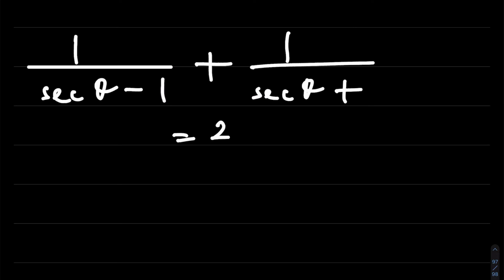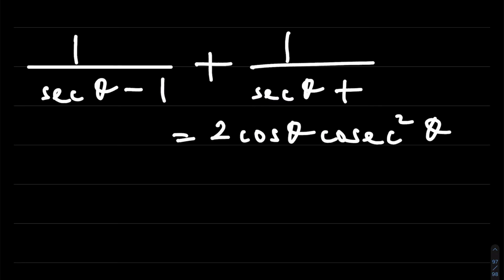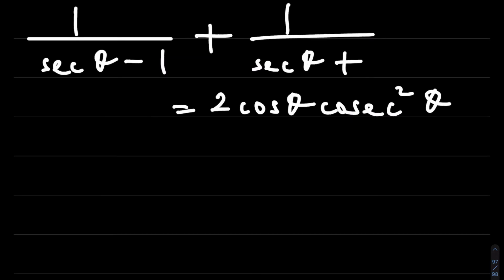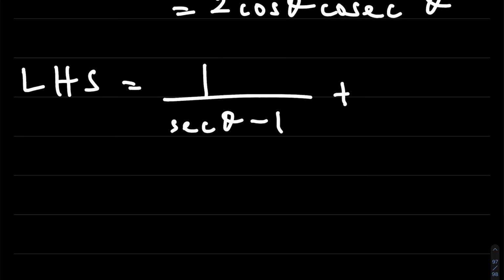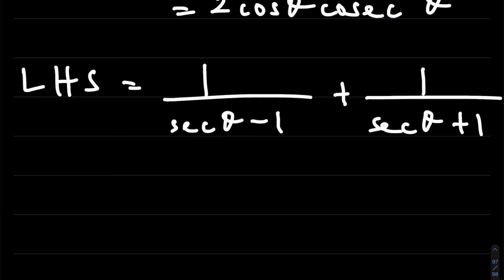I have to write that well. Now the left hand side is 1 all over sec theta minus 1 plus 1 all over sec theta plus 1.